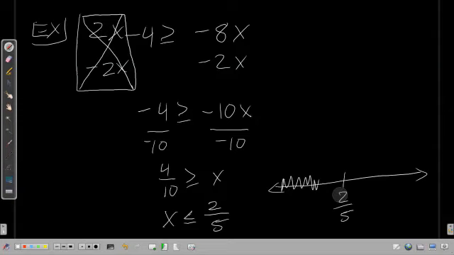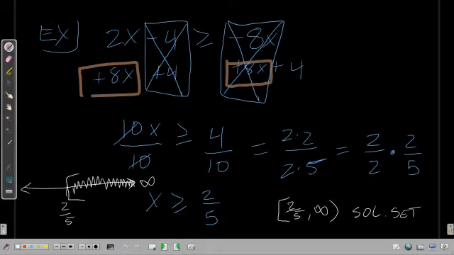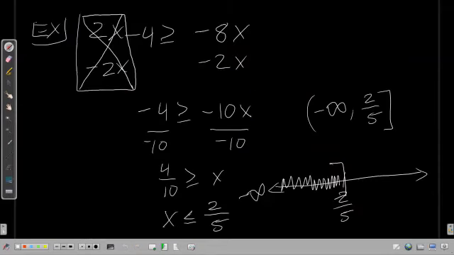And it's telling me that it's these numbers less than 2/5 with the bracket out to the minus infinity. But wait, this is not correct. This is different than what we got over here. Over here, it pointed out towards positive infinity. And over here, it's pointing towards negative infinity.